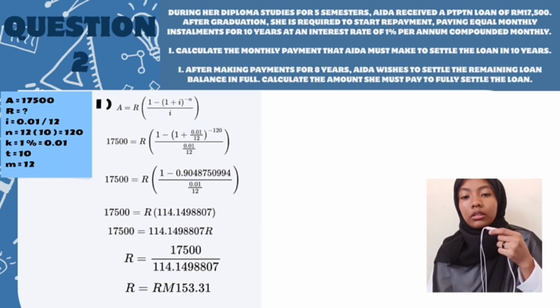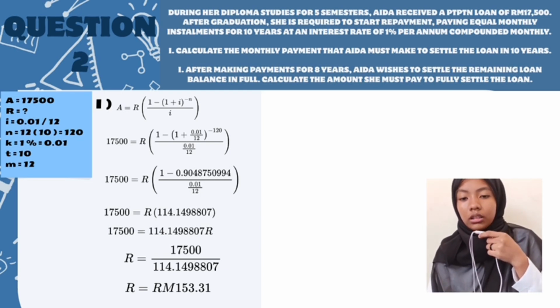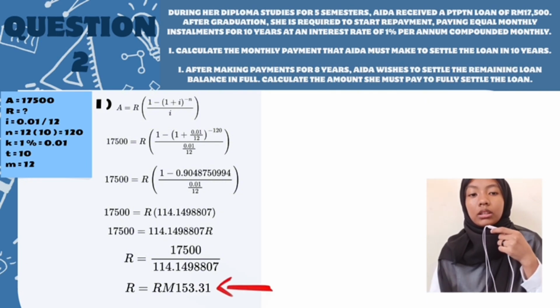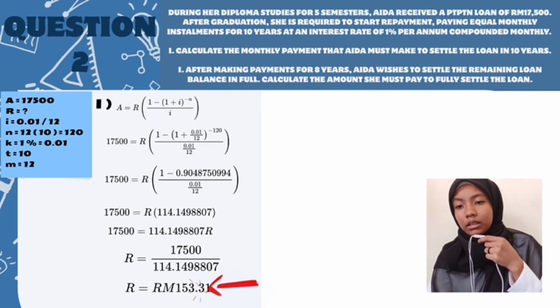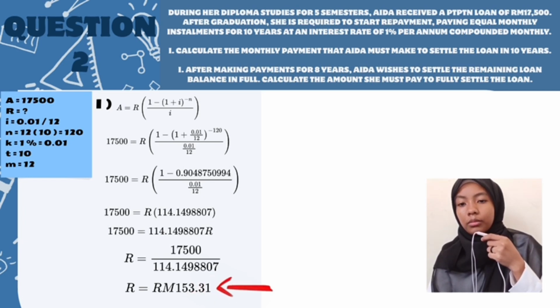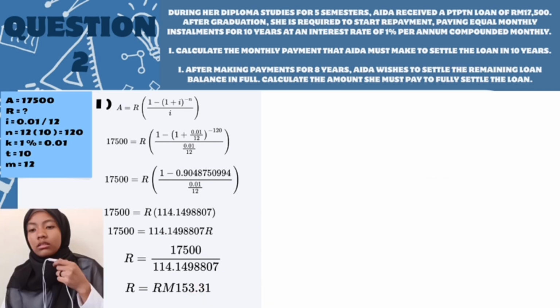After we identify everything we need for the formula, we'll put the amounts into the formula and solve the problem. And lastly, we will get R, the periodic payment, which is 153 ringgit and 31 cent.